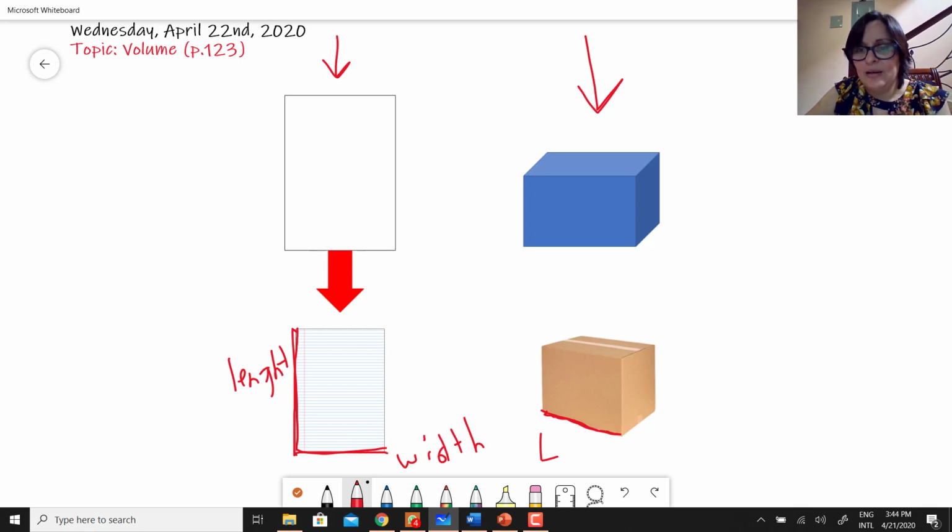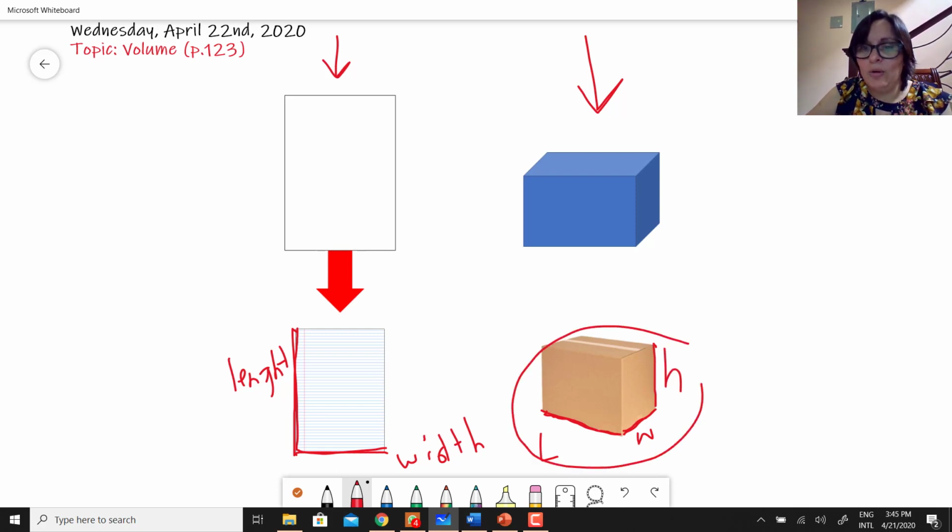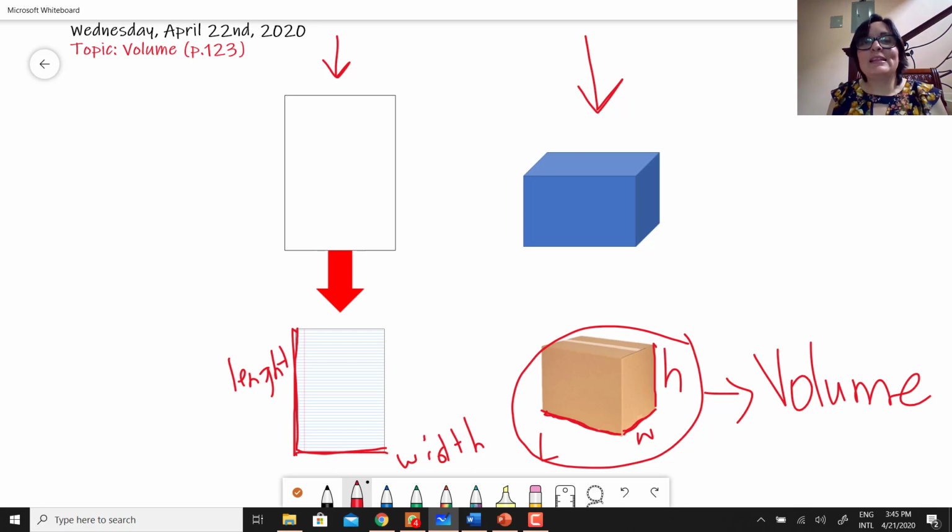We have width, que tanto de gruesa es la caja. And we have height. To all these, we call it the volume.